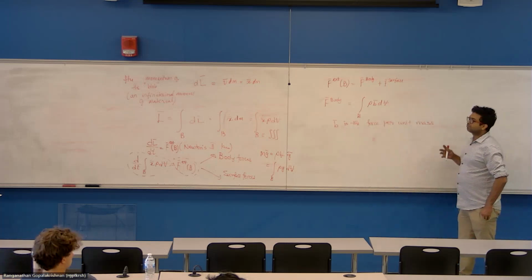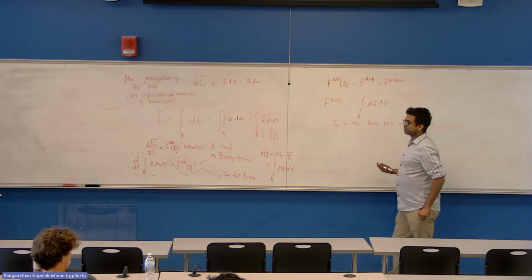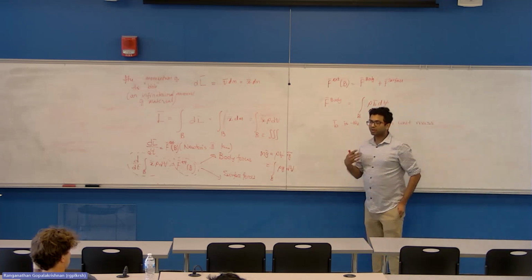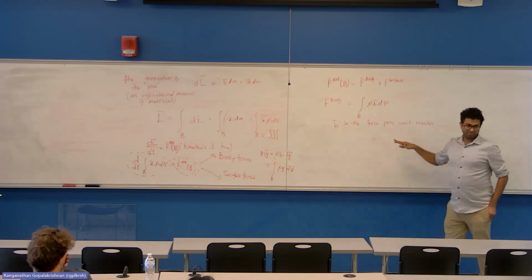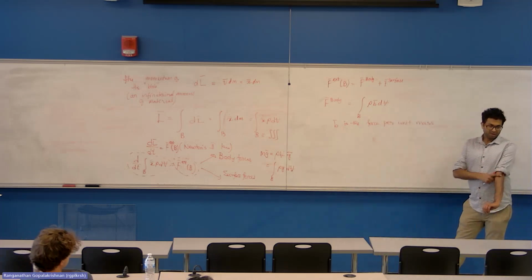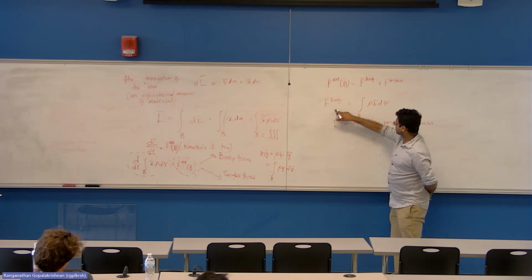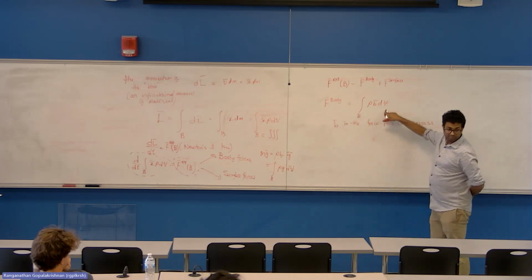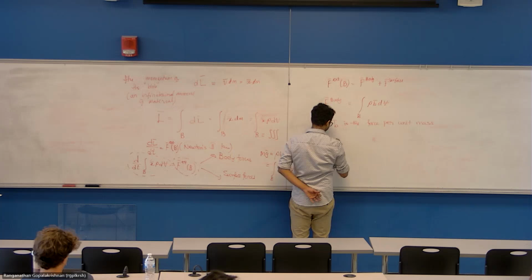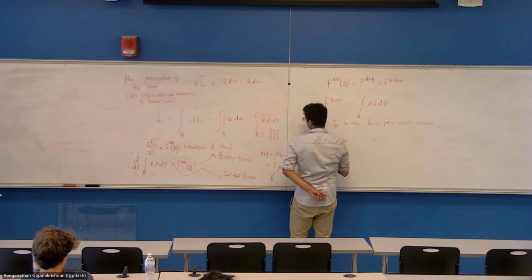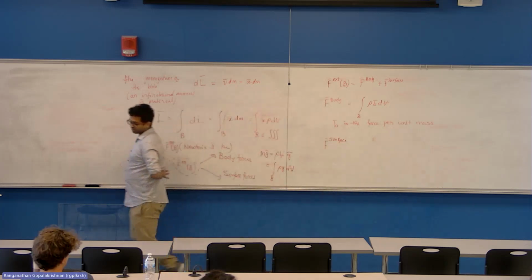Because we are doing continuum mechanics where gravity is most often the important external force. So for us, it will work most of the time. Okay, so we are going to write body force is rho times B dV. And what about surface force? How can we think about surface force?